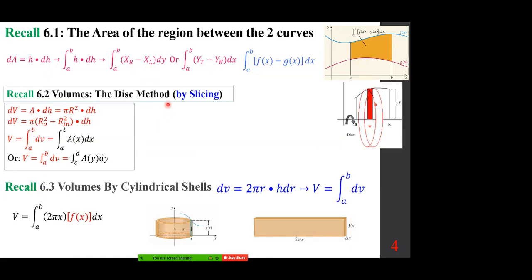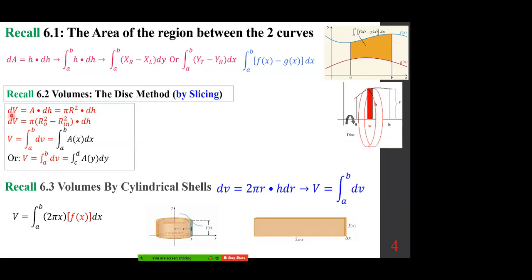The method of slicing, when you want to find the volume of revolution, you revolve it about a specific axis. Could be the x-axis, could be the y-axis, or could be any line: x equals this, y equals that. Now we have an increment of a volume.